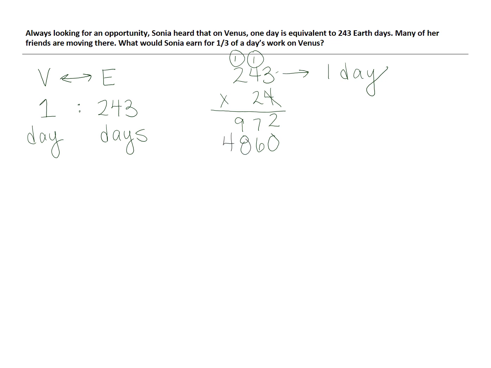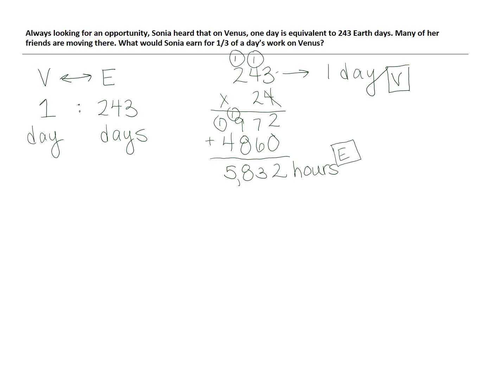I'm going to add that together. 2, 13, carry the 1. 10, 18, carry the 1. 4, 5. So 1 day on Venus, I'm going to put a V here, is like 5,832 hours on Earth.